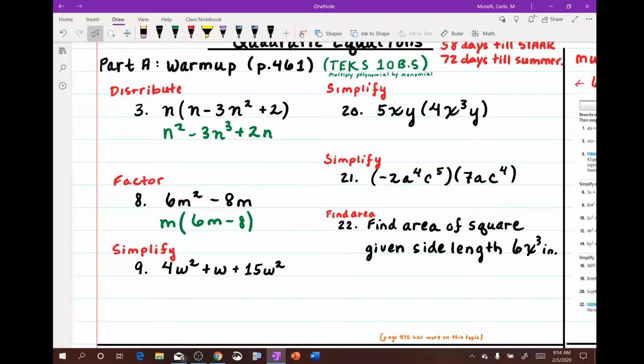Yes, they could. So let's, good catch. You could further simplify by dividing a 2 out of each term. So it would be 2m times 3m minus 4.